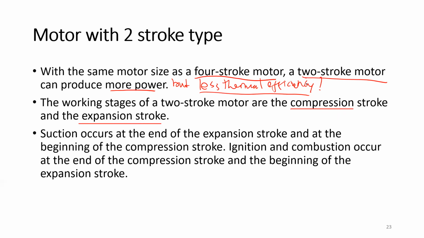But in this case, the suction and the exhaust are combined in one stage. So here, the suction occurs at the end of the expansion stroke and at the beginning of the compression stroke, while the ignition and combustion occur at the end of the compression stroke and at the beginning of the expansion stroke.